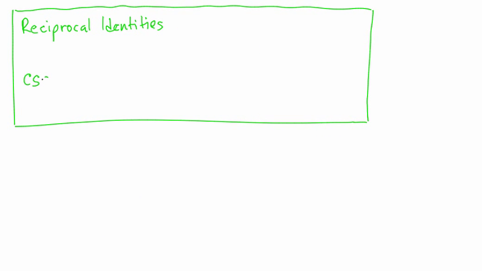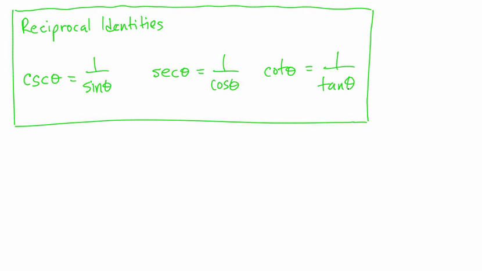They're important enough to know by memory, but the fact that sine and cosecant are reciprocals to each other gives us that cosecant is equal to 1 over sine, and vice versa, sine is equal to 1 over cosecant. And likewise, secant is defined as 1 over cosine, and cotangent is defined as 1 over the tangent. Those are known as the 3 reciprocal identities.